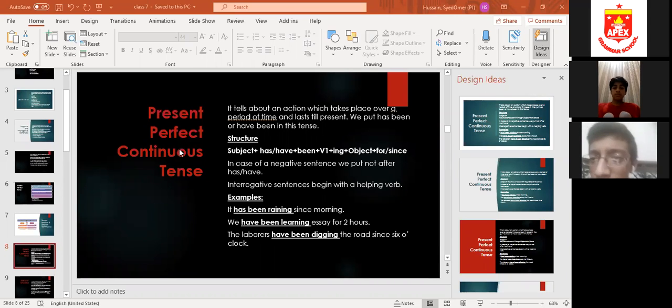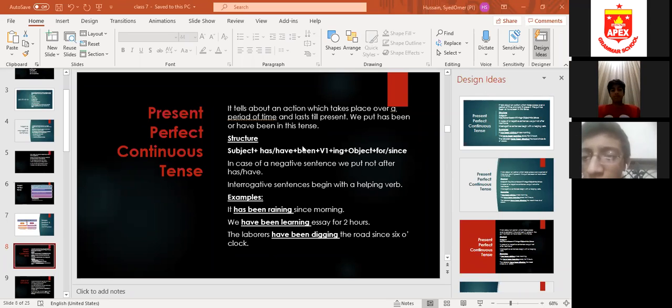Only one thing we need to put so that we can join a perfect tense with a continuous tense. So what is that thing? We have to put be. What we have to put? Be in it. Okay? So how can we join a perfect tense with a continuous tense? By putting been in that.